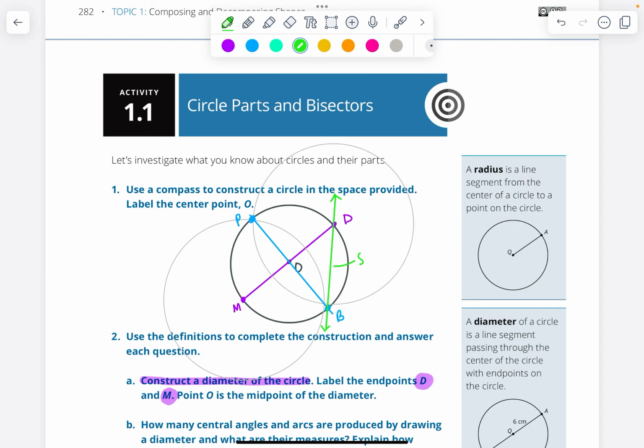So here's my secant. And here's a chord. So notice that this creates a triangle here. It also creates a triangle like this.